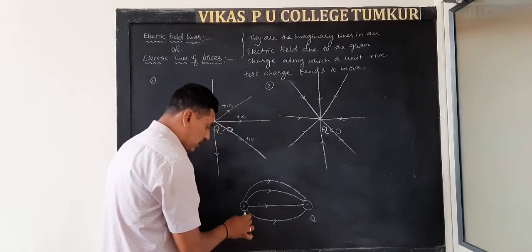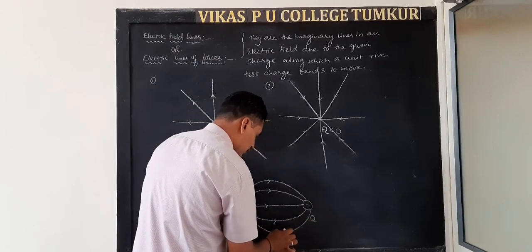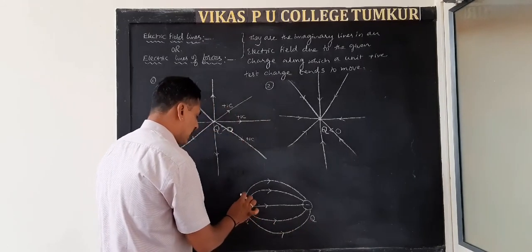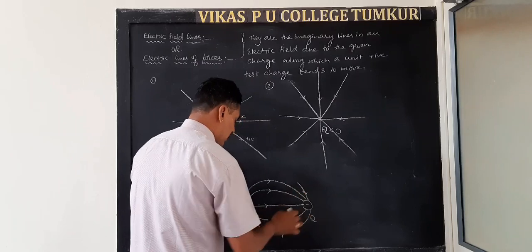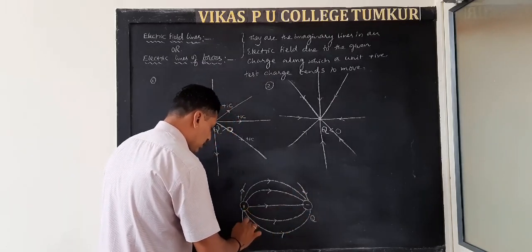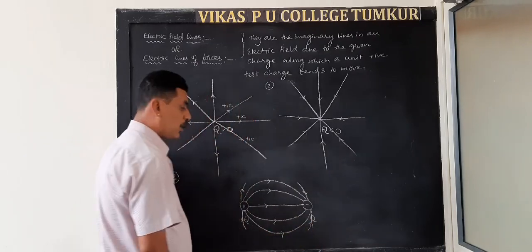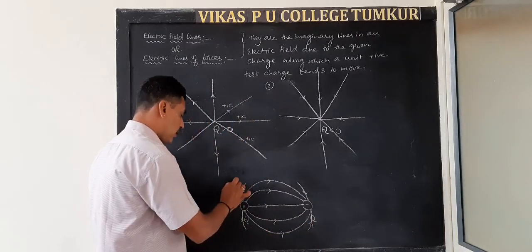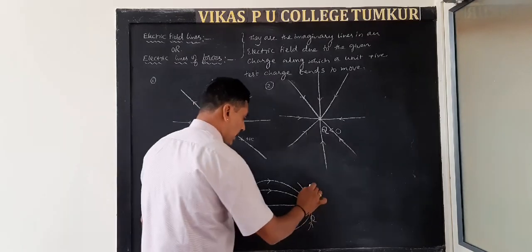If I place it on the other side, the field line will be more curved like this. So I can draw many such lines. ಈ ತರ ಎಷ್ಟೊಂದು ಲೈನ್ಗಳನ್ನು ನಾನು ಹಾಕಬಹುದು. So these are all electric field lines. I can draw many such lines like this.